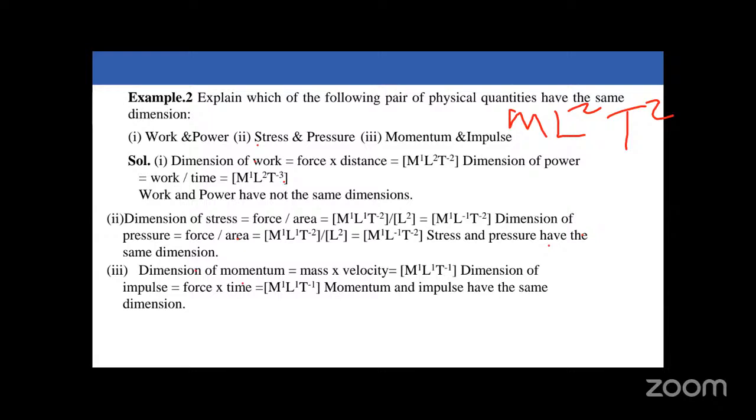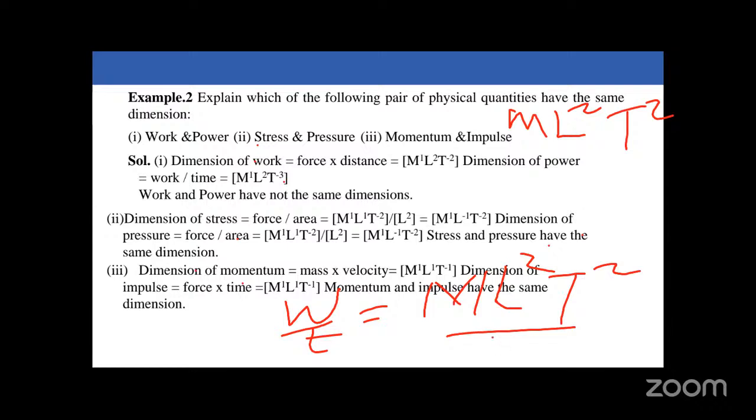So power is work done over time, which implies that we have the unit of work divided by T. If we move this T up, that will give us M L2 T minus 3.